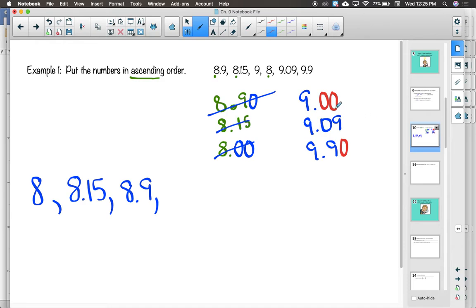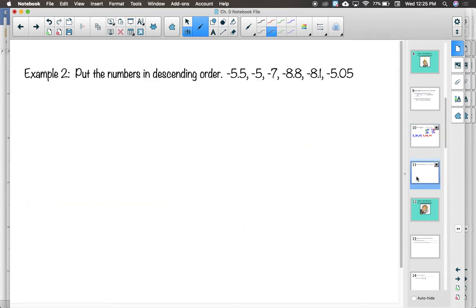So 9 and 0/100, 9 and 9/100, 9 and 90/100. 0/100 is going to be my smallest of those 3 numbers. 9/100 is going to come next. And 90/100 will be my largest number up there. Remember, when I write my final answer, I clean up those hidden zeros that I added in order to compare them. All right, so there is my final answer with all my numbers in ascending order and all my zeros cleaned up. Let's take a look at number 11.